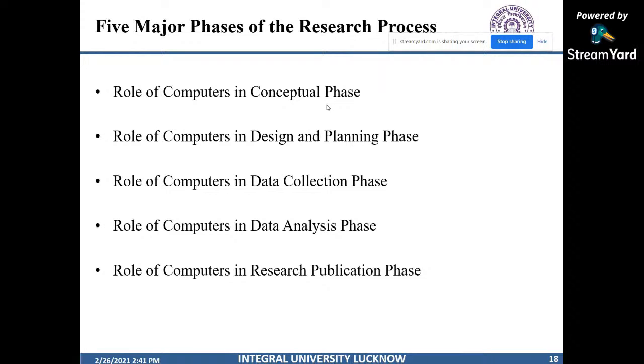Some of the examples are WordPad, SPSS data editor, word processors, etc.